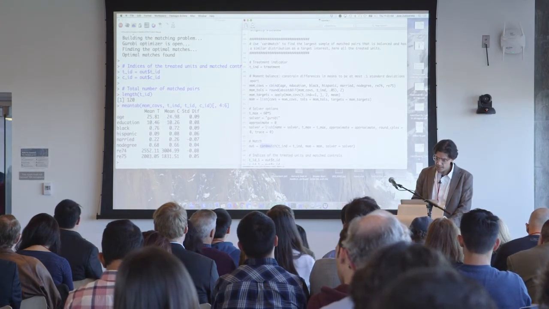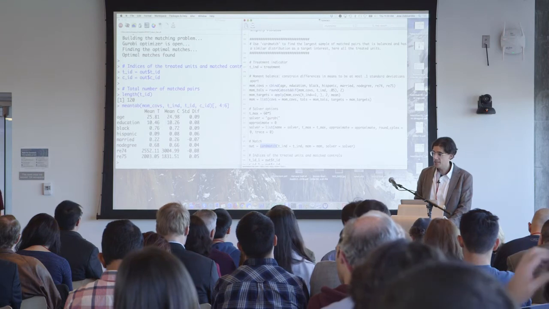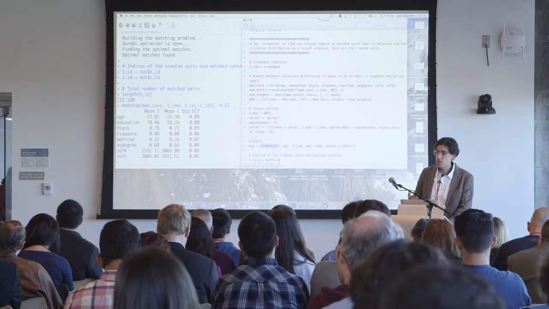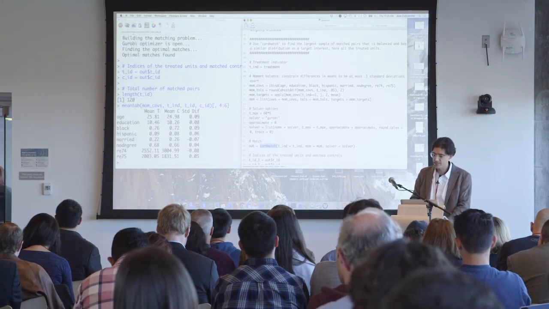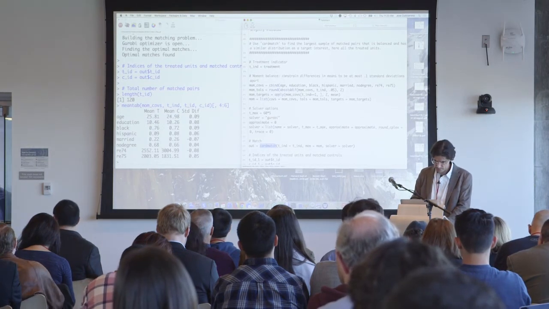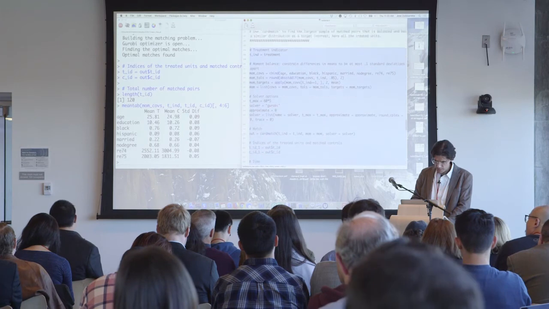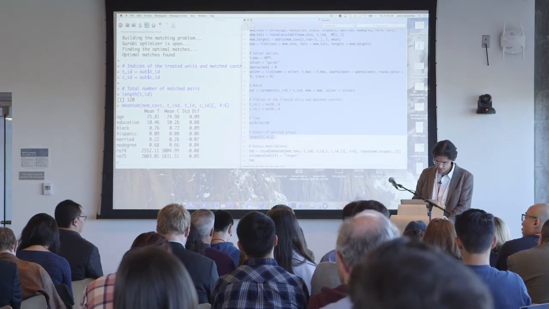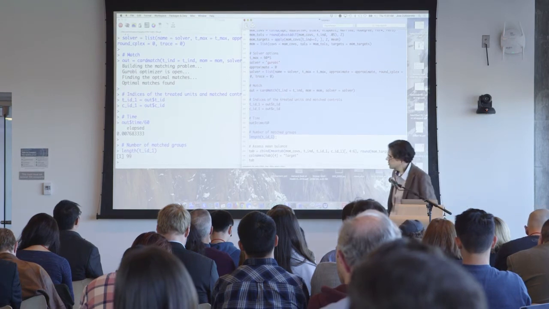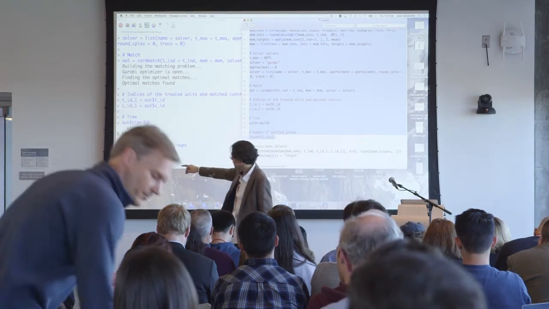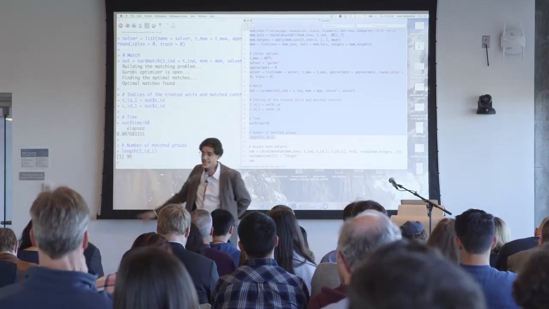And note that here, like before, I'm using the function card match, which is what I would recommend you using because this is the one that scales well to large data sets. So let me run this. We got a solution very quickly, and the number of matched pairs that we obtain is 99.